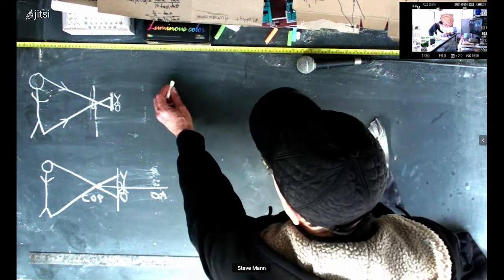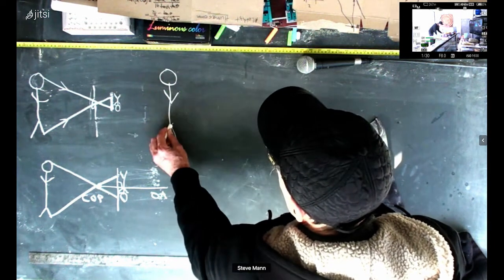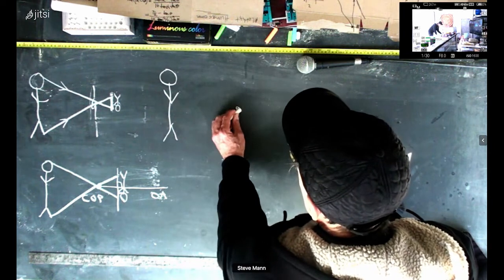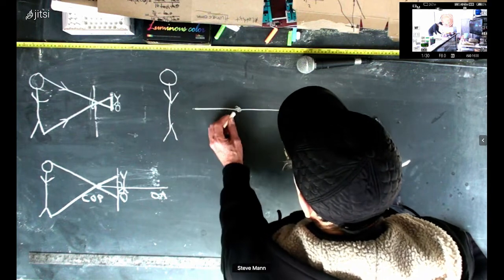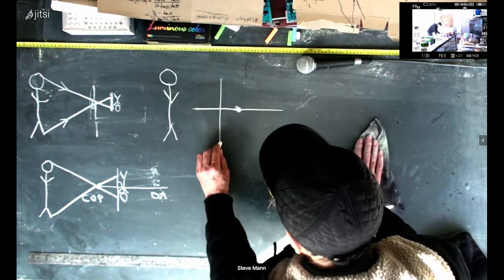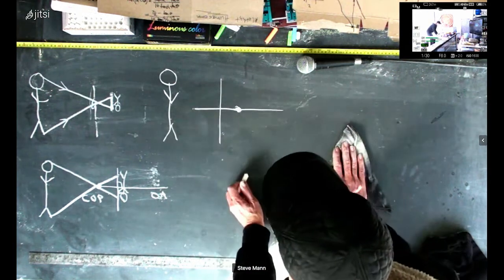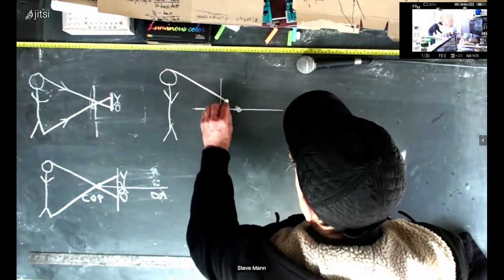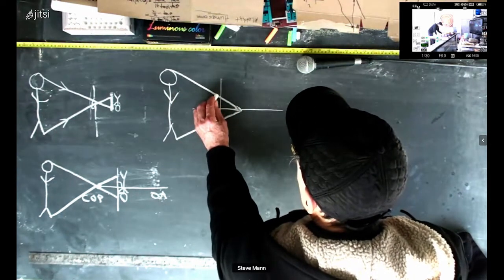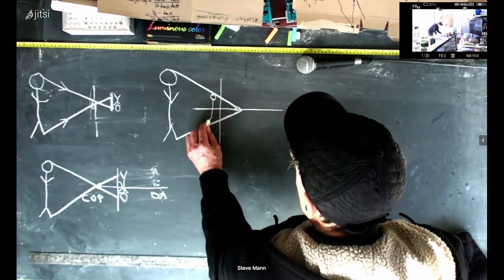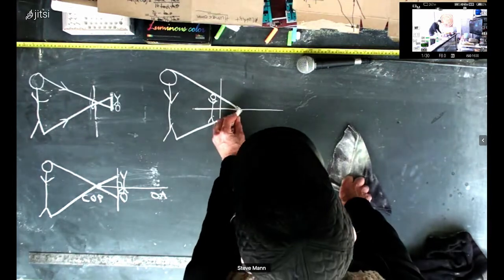Now, if I want to simplify it further, it makes sense to think of it in the positive direction. So now, let me say that the film plane is here, even though it isn't. I'm going to put the film plane on the same side as the object plane, and then I'm simply going to draw my lines to here, and where they intersect is the image right here. And they're on the same side now.